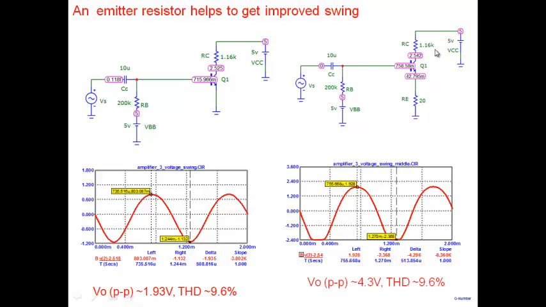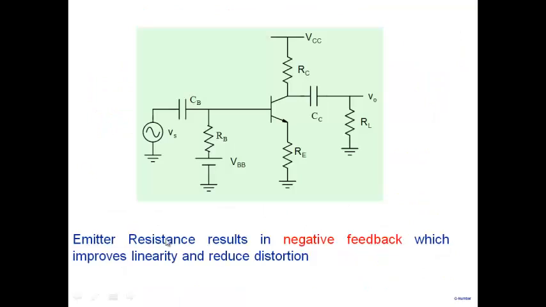All right, how does it work? Well, you guys are taking E250 also. Emitter resistance results in negative feedback, which improves the linearity and reduces distortion. That's what we have done with emitter resistance here.